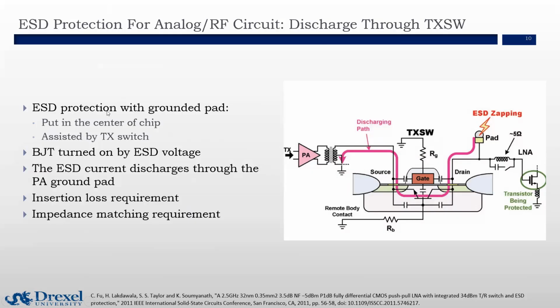Assisted by the transmitter switches, the BJT can turn on by an ESD voltage, and the ESD current is discharged through the power amplifier ground pad. So in this example, we want to maximize our bandwidth, and we also want to meet the insertion loss requirement and impedance matching requirements, which we will discuss in detail later.